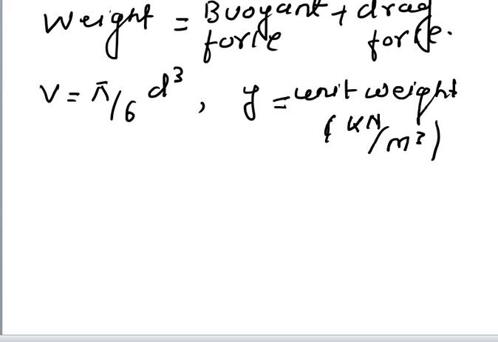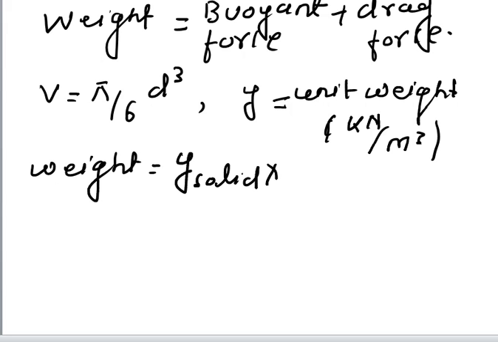So what will be the weight of the solid grain which is falling here? It will be gamma solid times the volume, pi by 6 d cubed. Yes or not? It will be this much kilonewton, let it be.